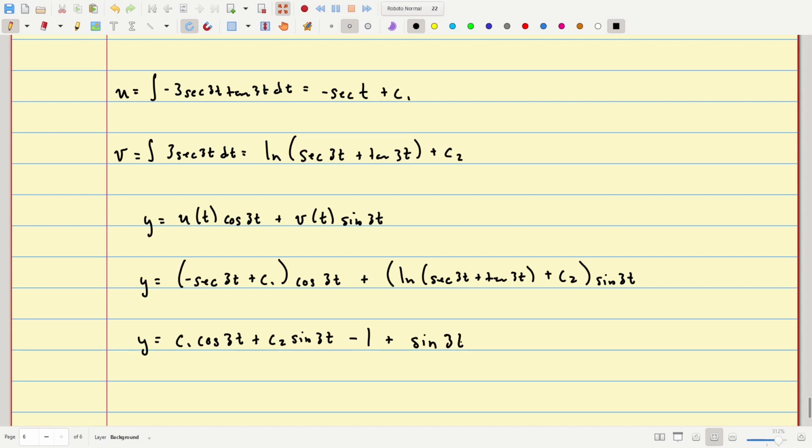There's a couple different ways to write this. You can write the sine in front so that there's no ambiguity about what belongs in the argument of the logarithm or not. Parentheses would also be fine. All right. So there is our full particular solution for this differential equation.